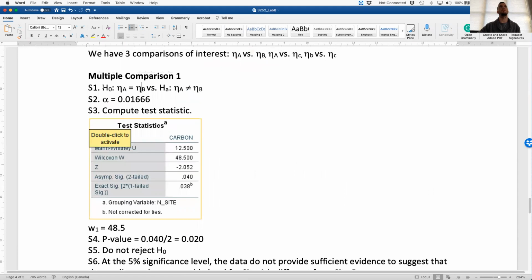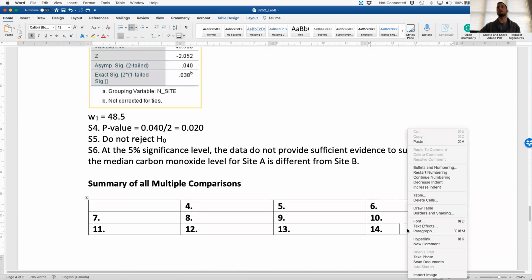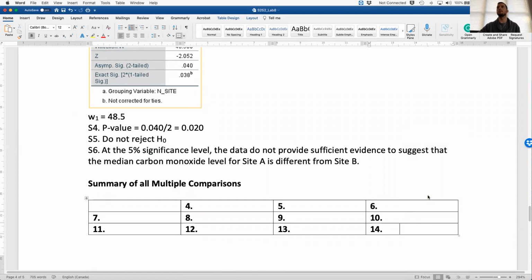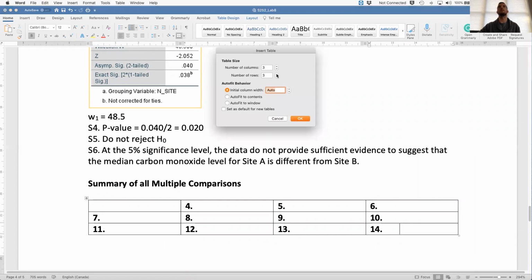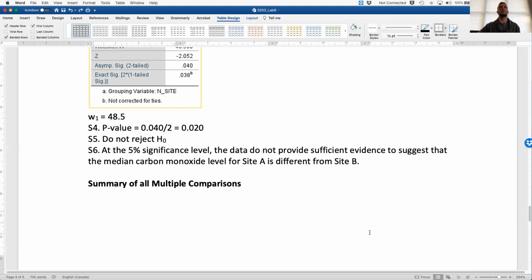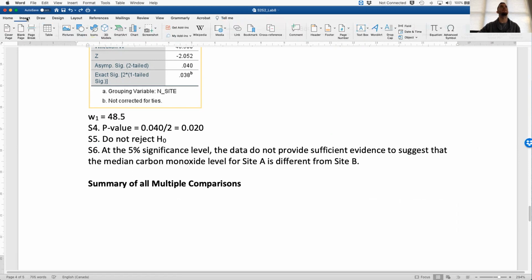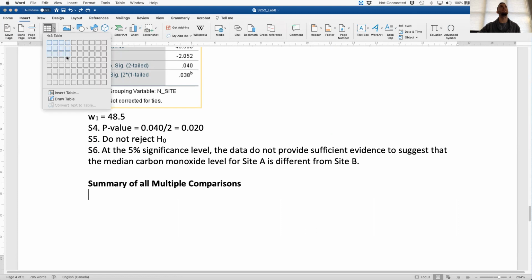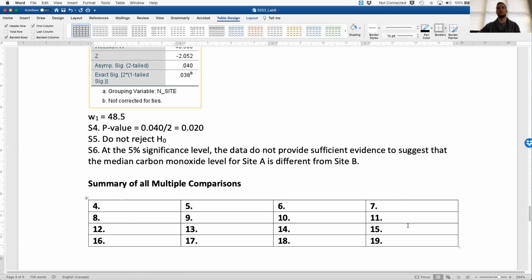Well, I guess what we could do is we could just copy and paste the hypotheses here. Let me just do something. I'm gonna insert table. I get rid of all these.